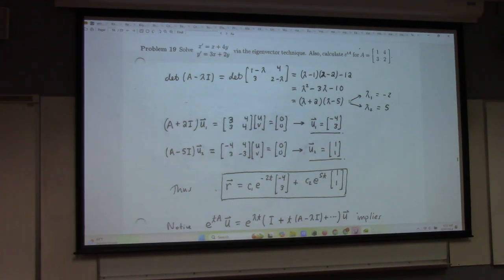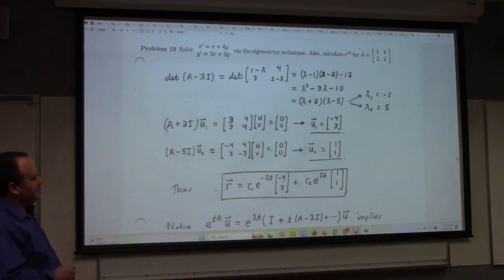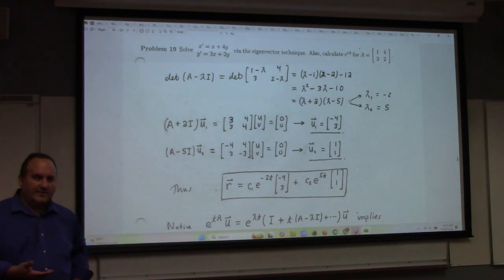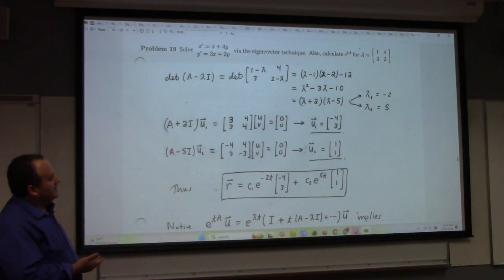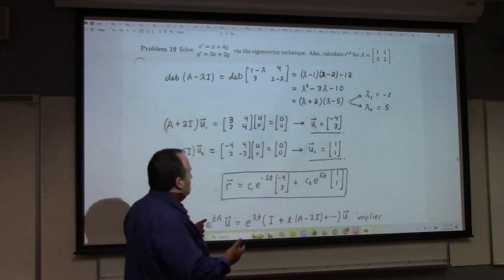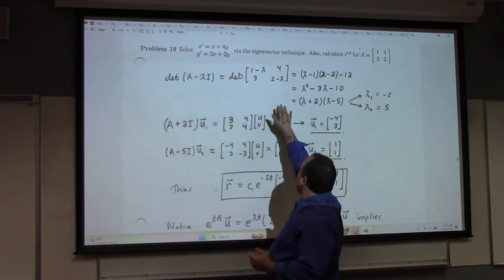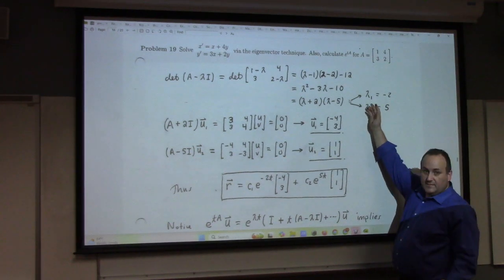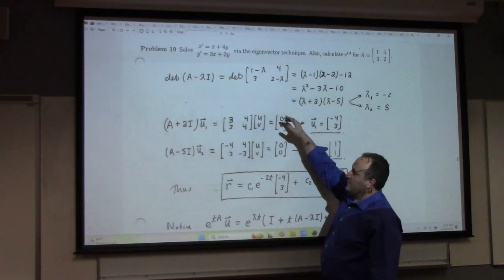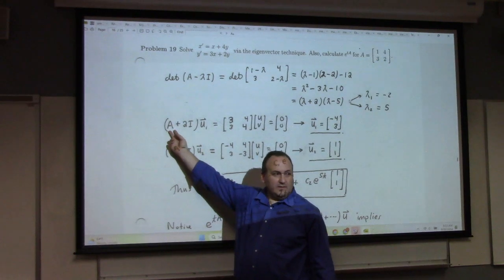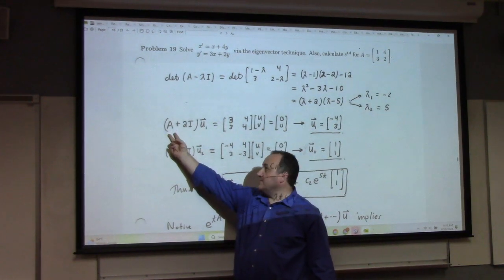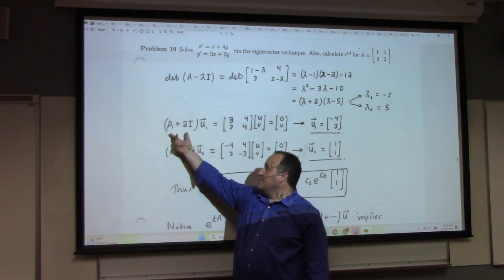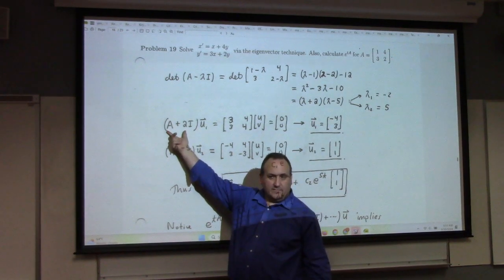All right, so next up we had the eigenvector stuff and systems. I've taken a more brief approach here than I have in class a lot. Let me just talk you through the method. I write down my characteristic equation. I figure out I have eigenvalues -2 and 5, right? Then next I have to write A minus -2 times I, times the vector, equal to 0. So that gives me A plus 2I, all right?